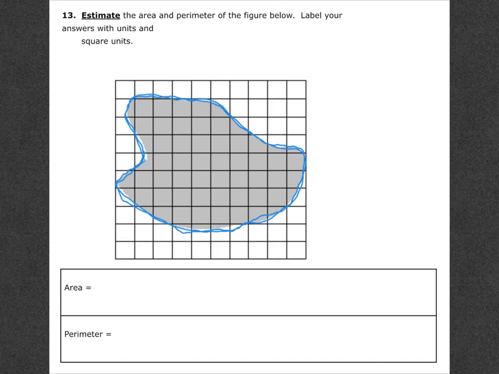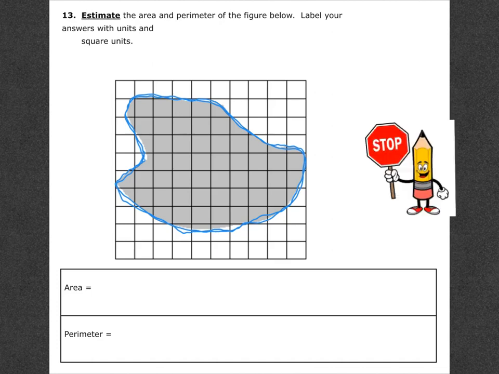You may need to use a ruler, or you may just need to guess based on where the outside of the lake is following compared to the squares on your sheet. So do your best and see what you come up with. Pause here, and once you've completed this, you're done. You can go to the answer key and see how you did.